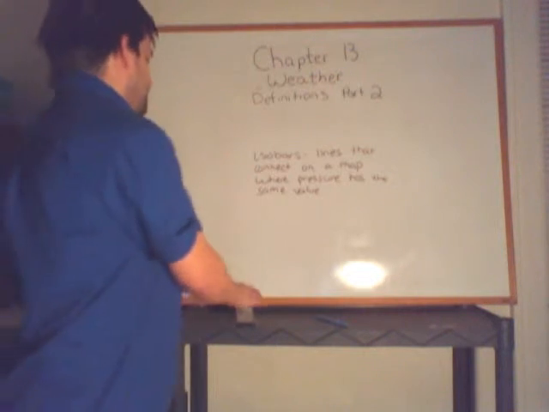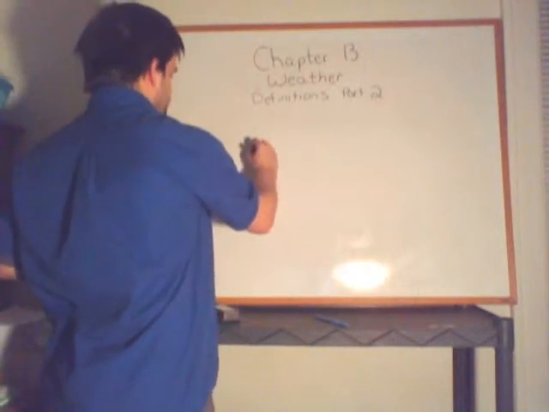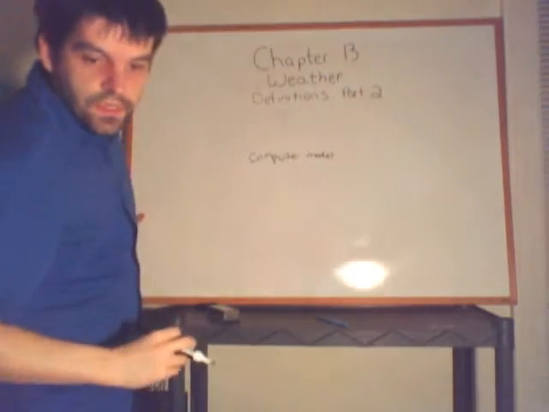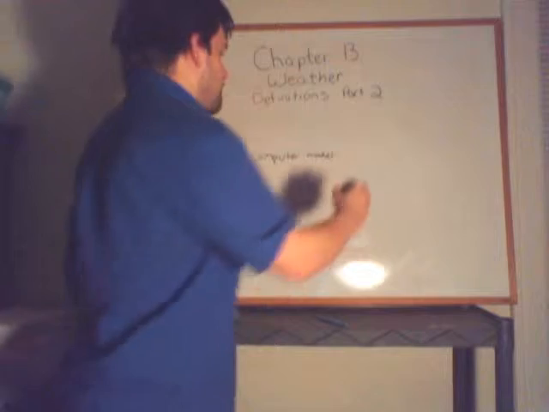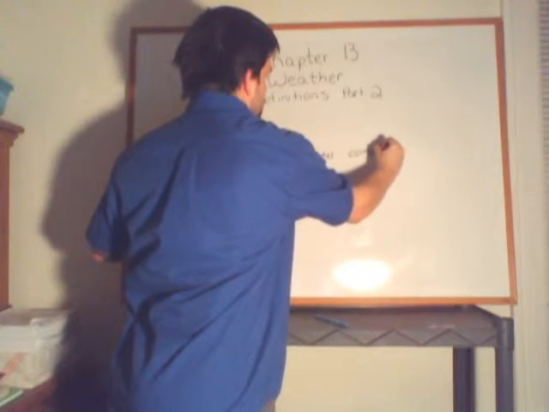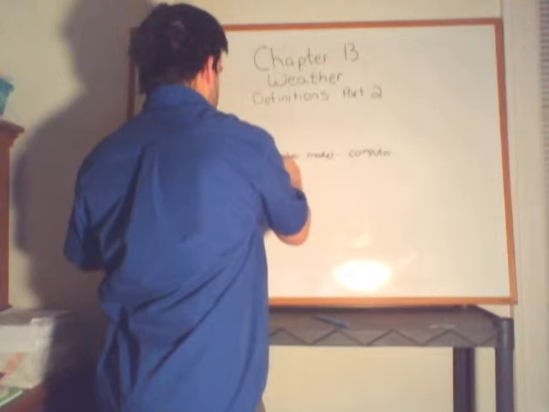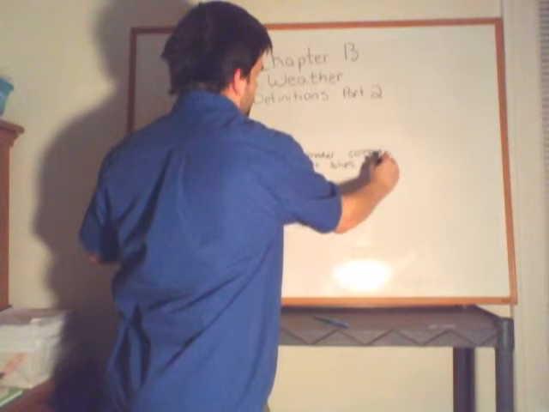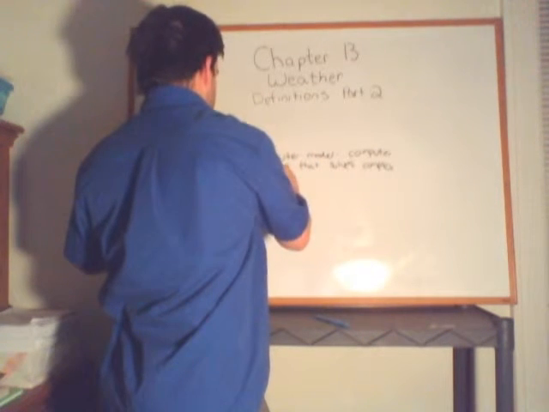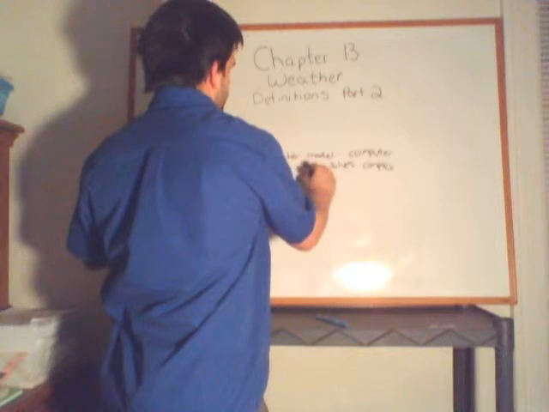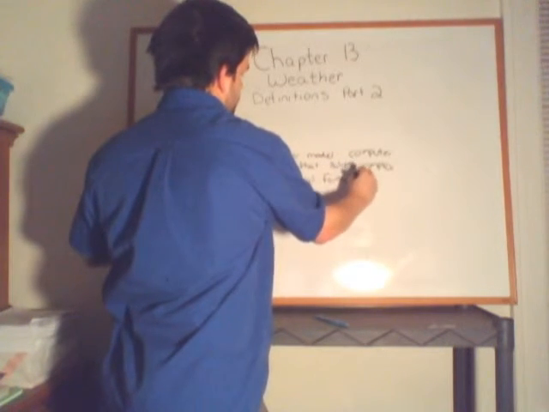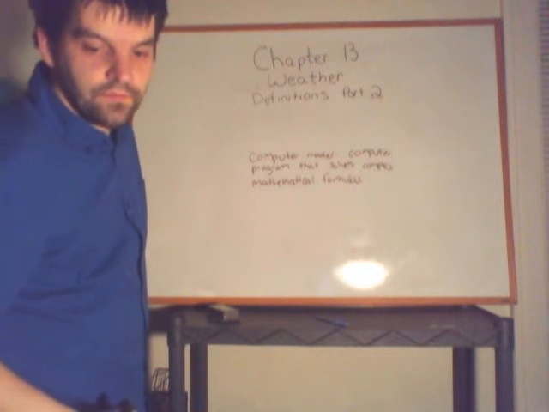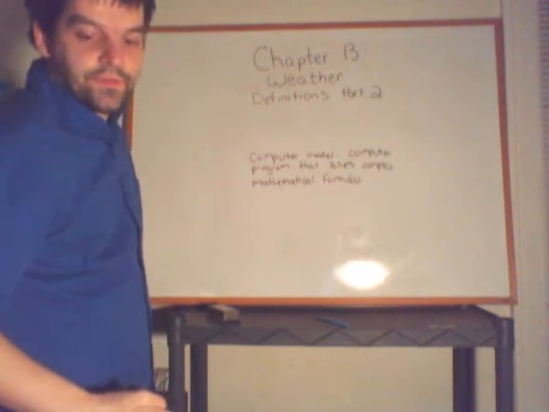Now this last definition we're going to be talking about is a computer model. A computer model is defined as a computer program that solves a set of complex mathematical formulas, and these formulas predict which temperatures and winds may occur at other altitudes or other attributes of changing weather.